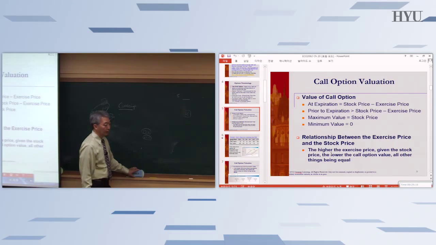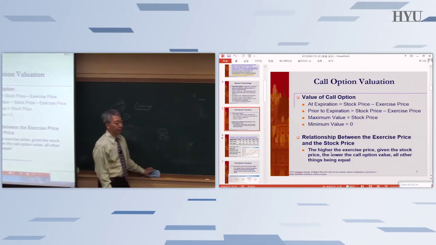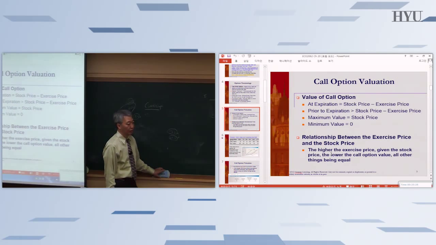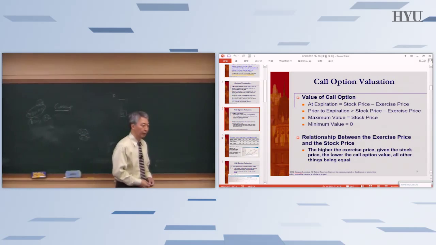Then how much is it worth to you, right? That's $10, right? Because instead of paying $120, you can pay $110 to purchase this particular stock, right? And today is expiration day. It's going to expire immediately, right?